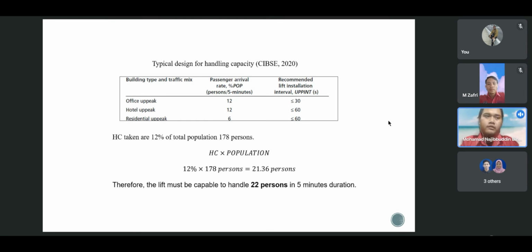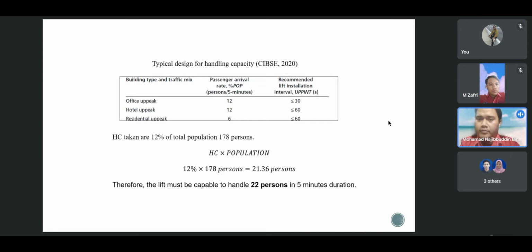The next one is the handling capacity based on the table from CIBSE. The hotel passenger arrival rate is 12% for 5 minutes passenger arrival.